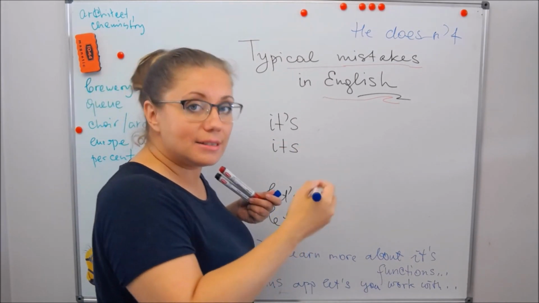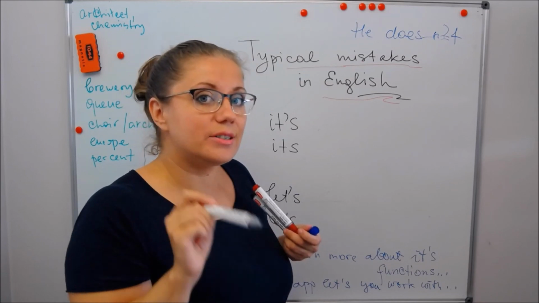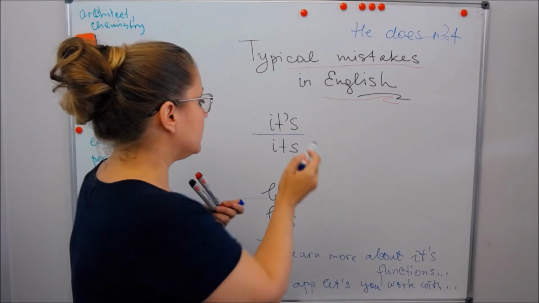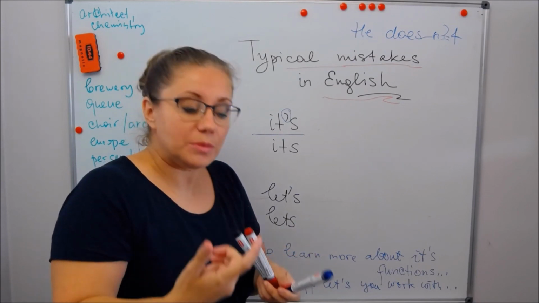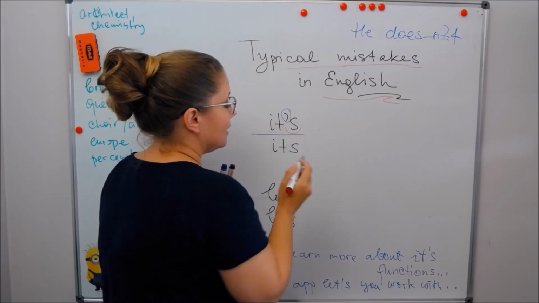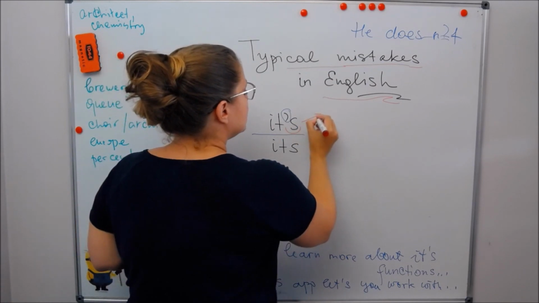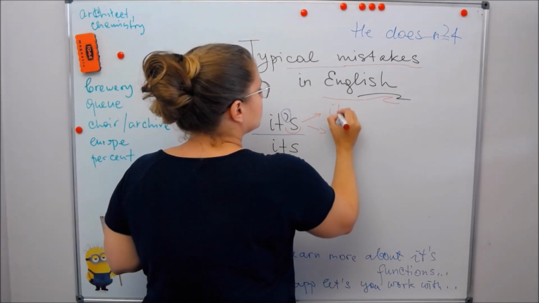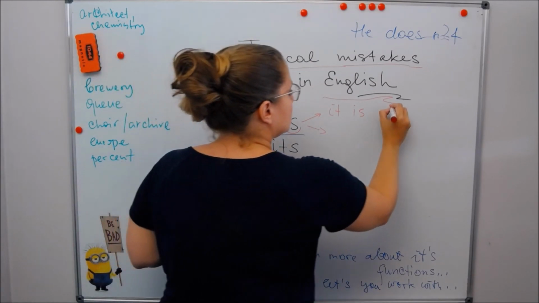So he doesn't, this means the apostrophe stands for the missing sound. And this is very logical to understand that if you see the apostrophe here, it also means some missing sound which we don't pronounce, meaning that this S is actually a part of some word. That's why this contraction 's can come from two different words. It can be it is. For example, it's sunny.